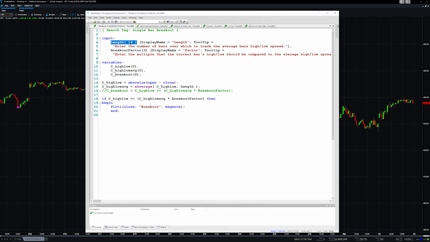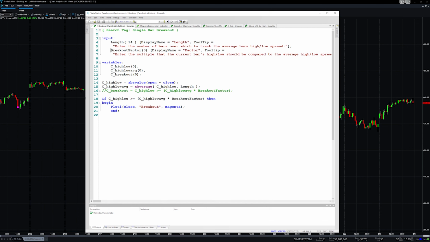Okay, length 14. This is how many bars we want to look back, and in our case, we're just going to look back 14 bars. This comes down into the math to eventually say, what's the average, either open and close, or average of the high and the low of the last 14 bars.